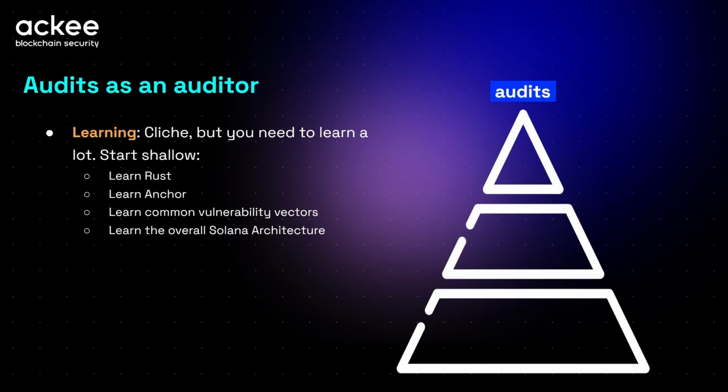So yeah, learn the overall Solana architecture. For example, Helius has a great article about the overall Solana architecture. So read the blog post or the PDF, and ask questions. Currently, we have a lot of available options to get answers. You can go to social networks such as Twitter.